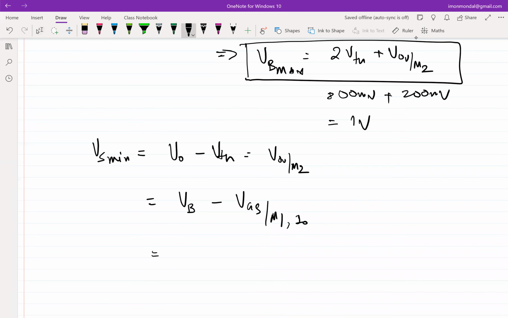Now help me out. What is this VGS of M1 for a current of I naught? Threshold voltage plus overdrive of M1.